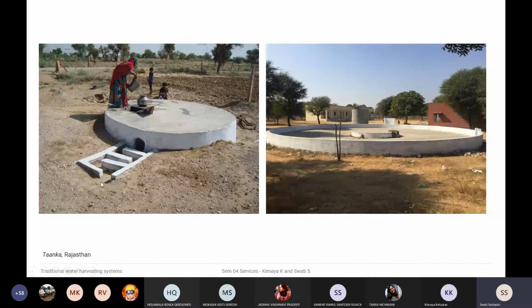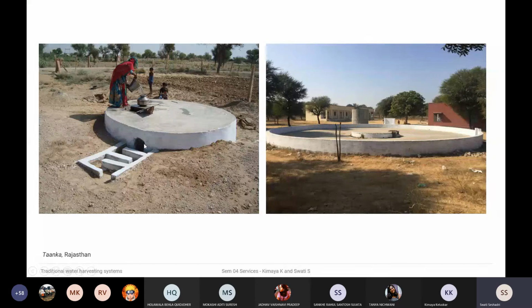Now this is an older method where the water enters and goes through many of these walls. What will essentially happen is that the silt will be held back here, and only the clean water, devoid of most of these particles, will go in.